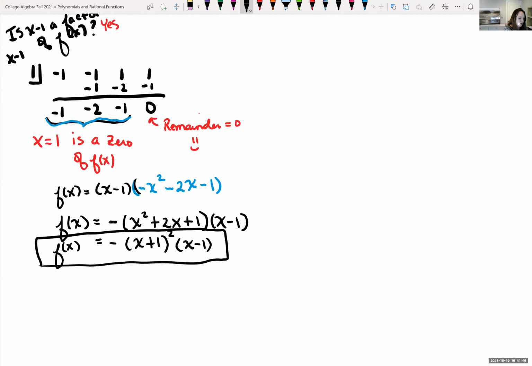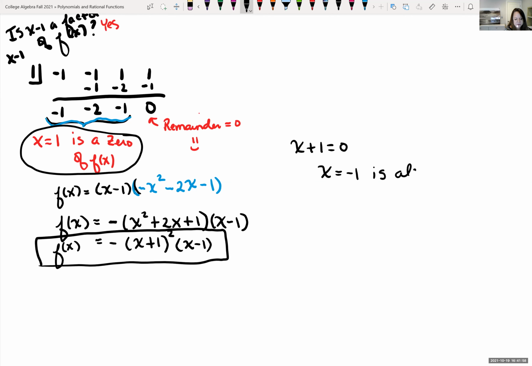We had x equals 1 was a zero, but x plus 1 equals 0 when x is -1. So x equals -1 is also a zero, but that zero has multiplicity 2.